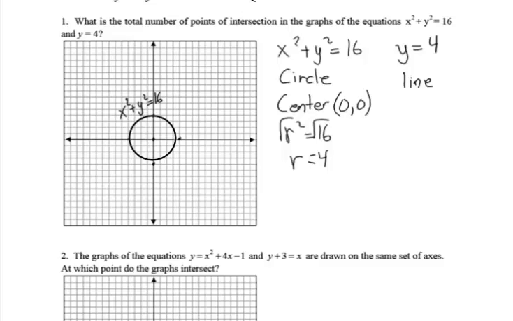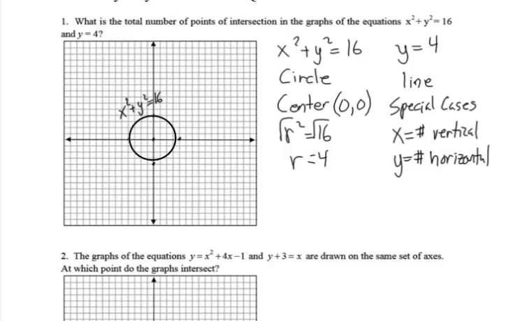Now, our line is y equals 4, and here's where we have the special cases. We talked about these the other day, but just to review: when you have x equal a number, that represents a vertical line. And when you have y equal a number, that represents a horizontal line. The one little trick that can sometimes trip people up is x equals 0.